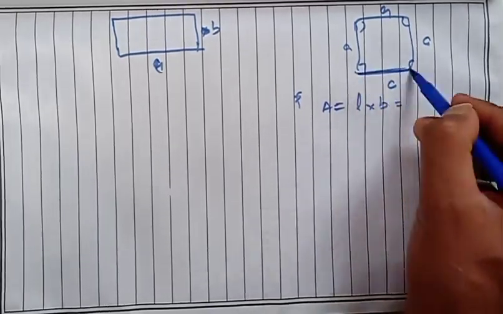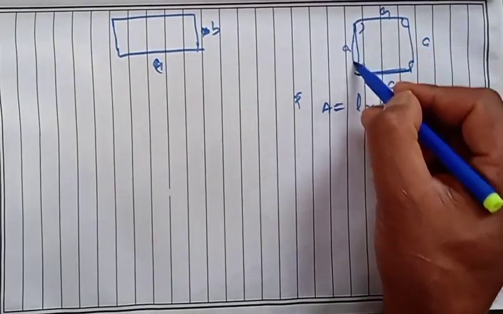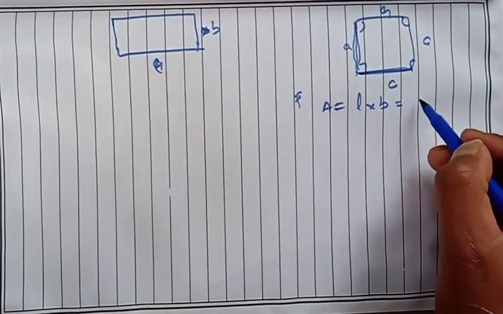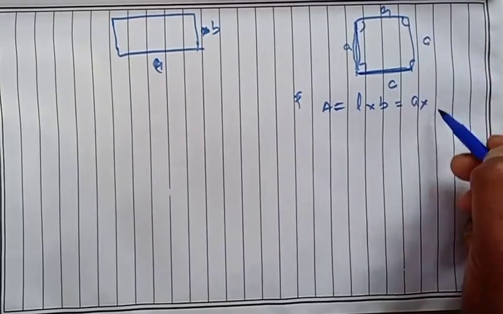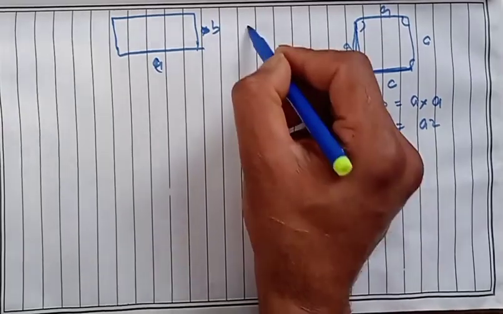We know that its length is this or this, any one you can choose, because every side is equal, that's A. The breadth is again A, so A into A is equal to A square. This is for the rectangle. This is case third.